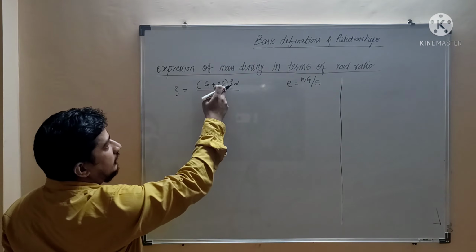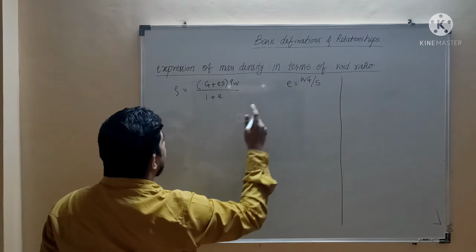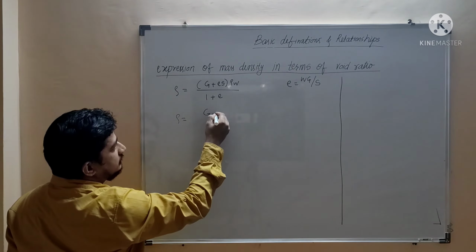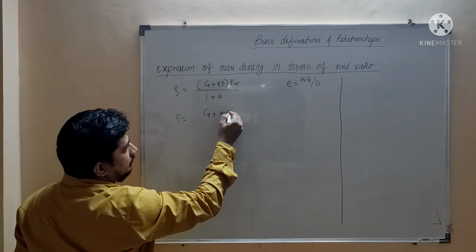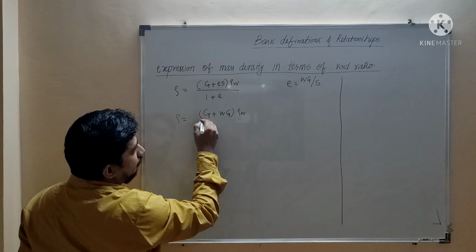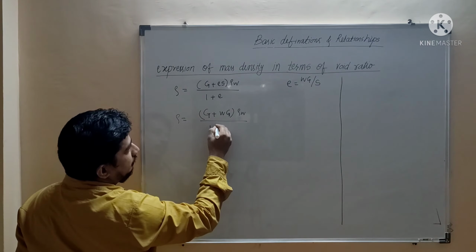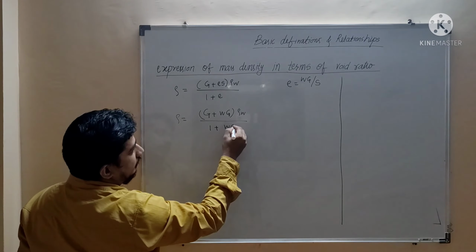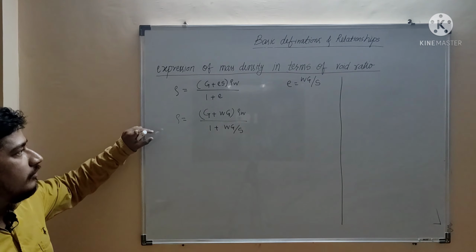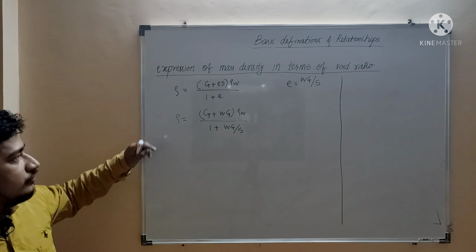If we replace this E by Wg by S, we get rho is equal to G plus Wg multiplied by rho W divided by 1 plus Wg by S. So this is the formula for mass density of soil.